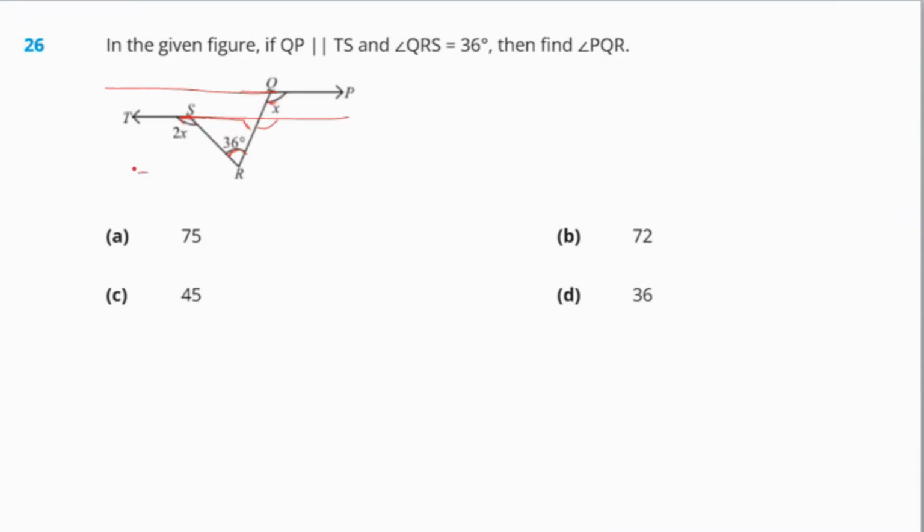Here this line would be parallel. So the sum of these two angles needs to be 360 degrees. This and this will be equal to each other. This and this will be the alternate angles. This 2x should equal the entire one.